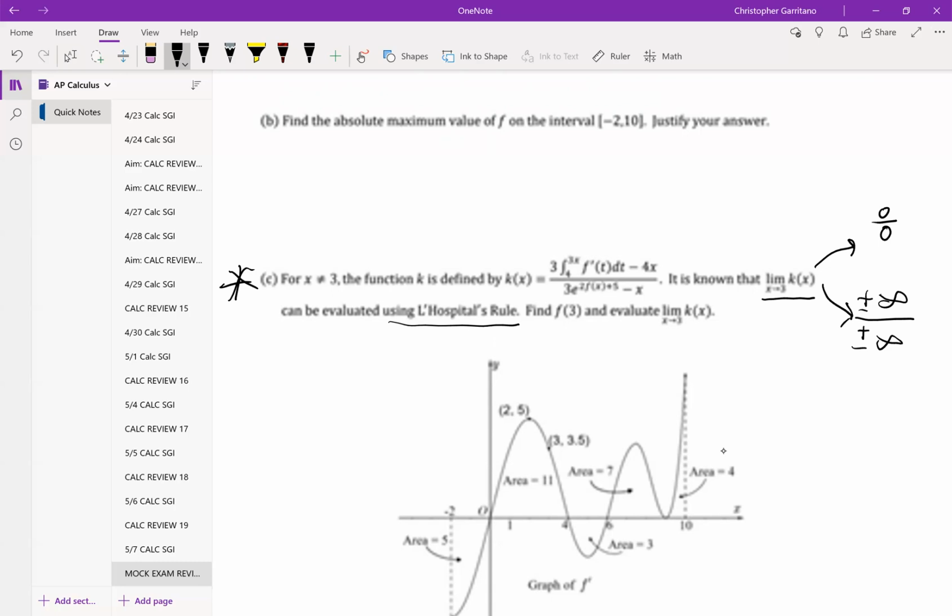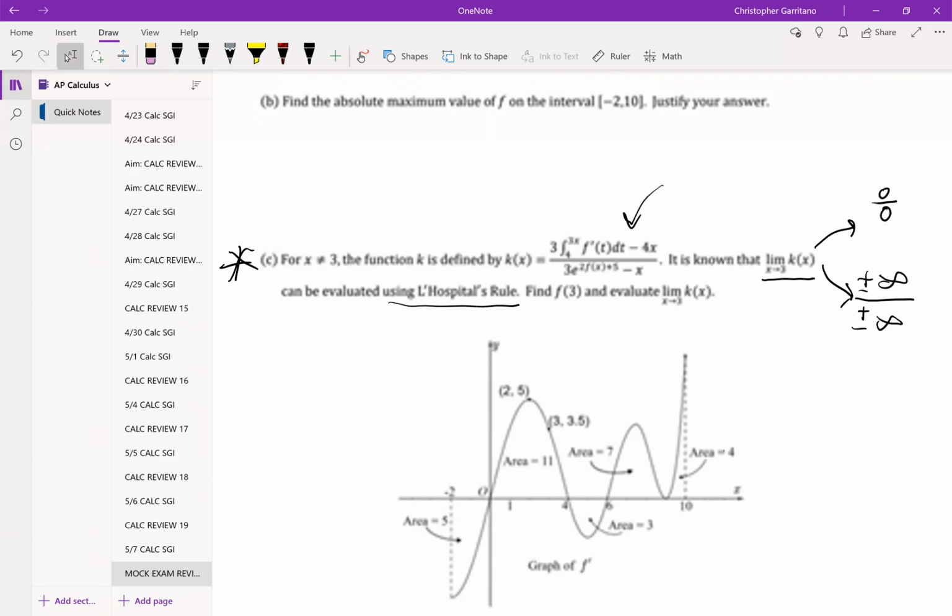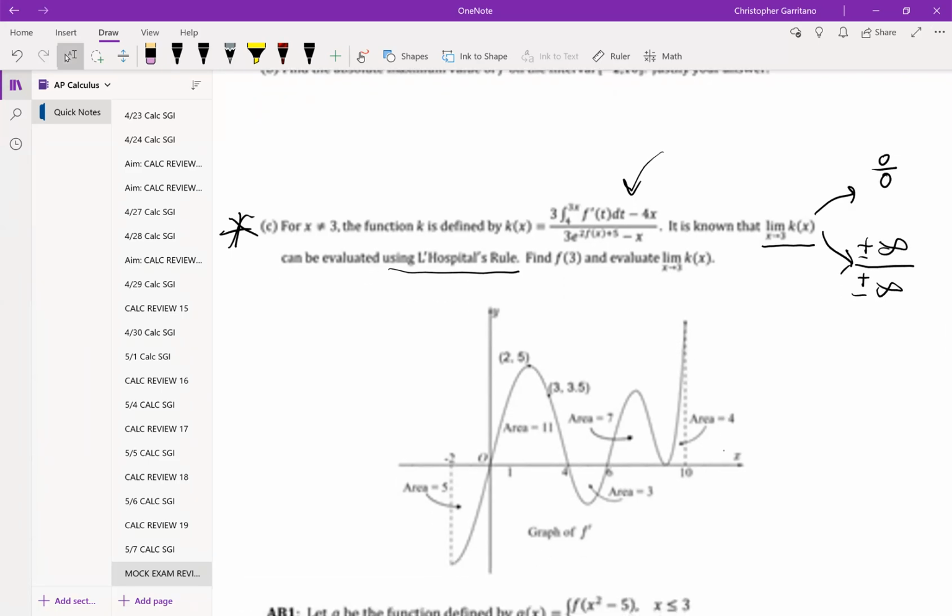All right, so the fact that the limit as x approaches 3 of k of x can be evaluated using L'Hopital's rule tells us right off the bat that when we use direct substitution of 3 into this function, both the numerator and the denominator are either 0 over 0 or plus or minus infinity over plus or minus infinity. If you take a look at the graph of f prime, and the expressions you're given in both the numerator and the denominator, it's pretty clear that both of these are finite values when you plug 3 in.